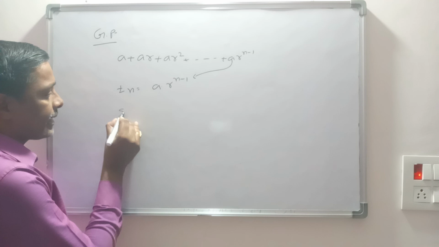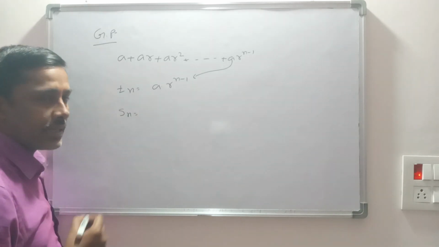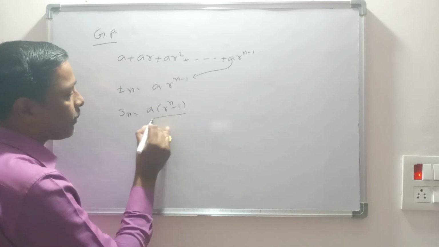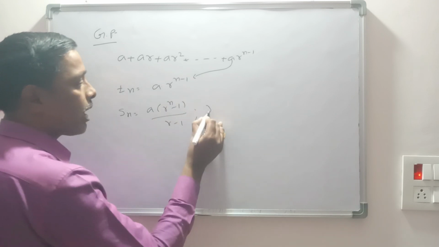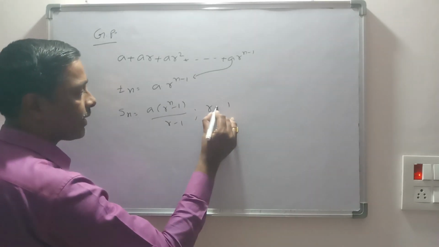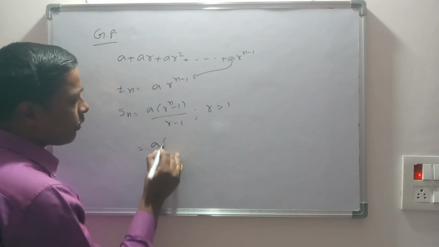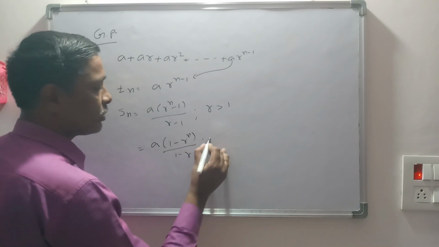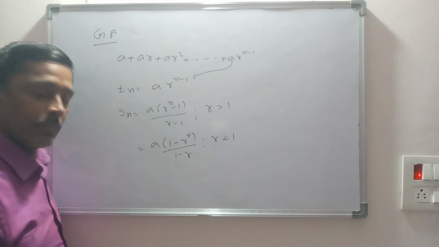What is Sn? Sn means sum of the terms. a into (r power n minus 1) by (r minus 1) is used for r greater than 1. For r less than 1, a into (1 minus r power n) by (1 minus r).